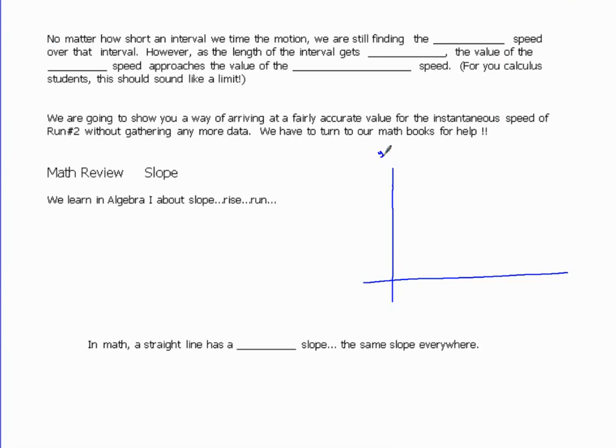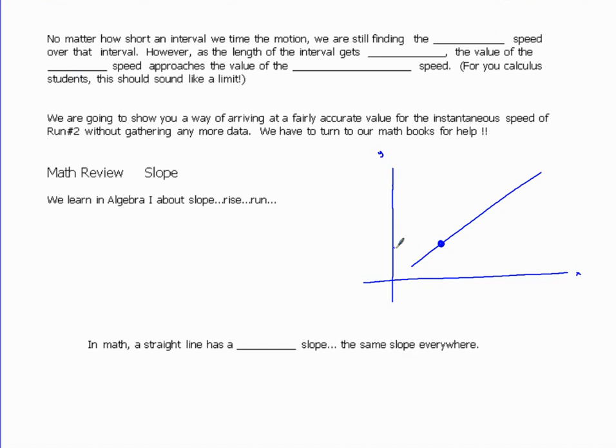Remember, the vertical is y, horizontal is x. And let's say that we have a line. So we can figure out the slope of this line as long as we know the actual rise and the run. So we're going to pick a couple of points.